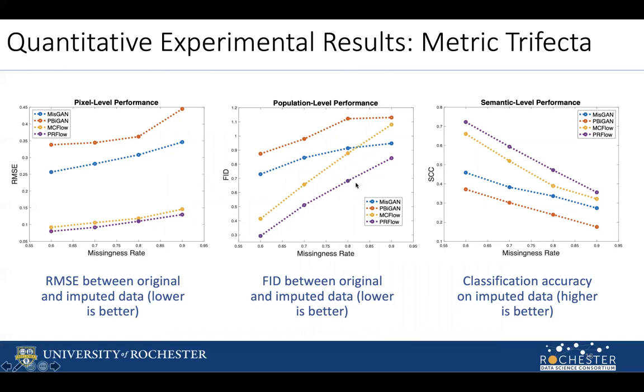The graphic in the middle illustrates the Frechet inception distance between the original and the imputed data populations. And the curves on the right illustrate classification accuracy of a classifier trained with fully visible data, as it runs inference on the imputed data by the 4 different methods.